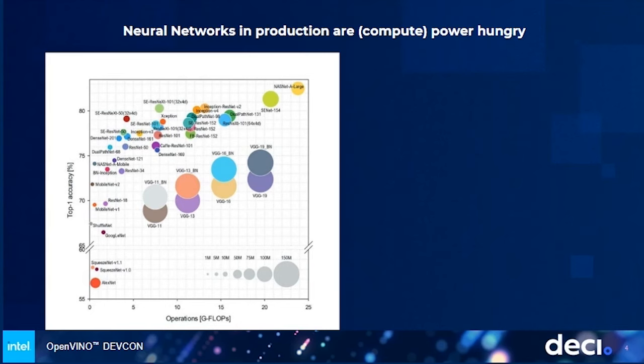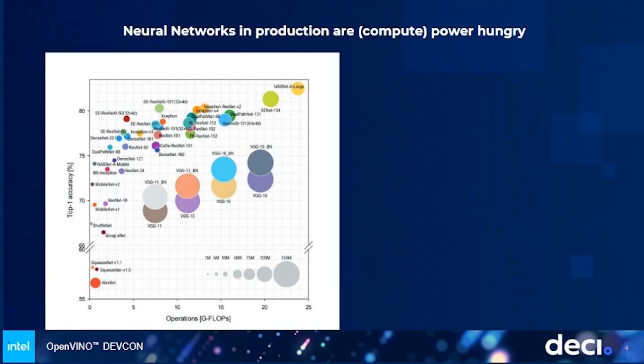We start on the bottom left corner with AlexNet. On the y-axis is the top-1 ImageNet accuracy, and the x-axis is operations in gigaflops, and the size of the circle is the number of parameters. As you can see, we do get better accuracy, but at the same time, we get larger, slower models.